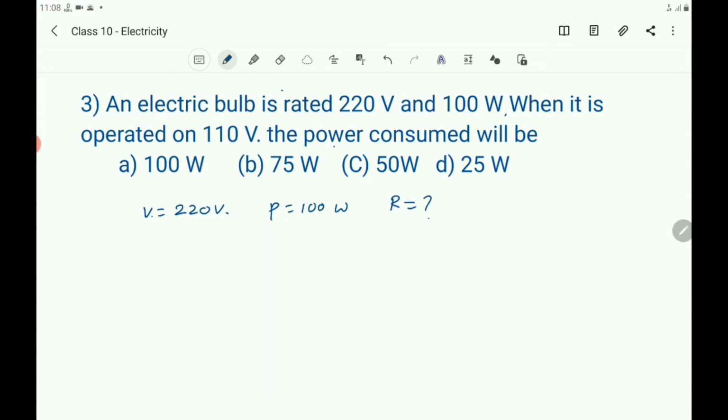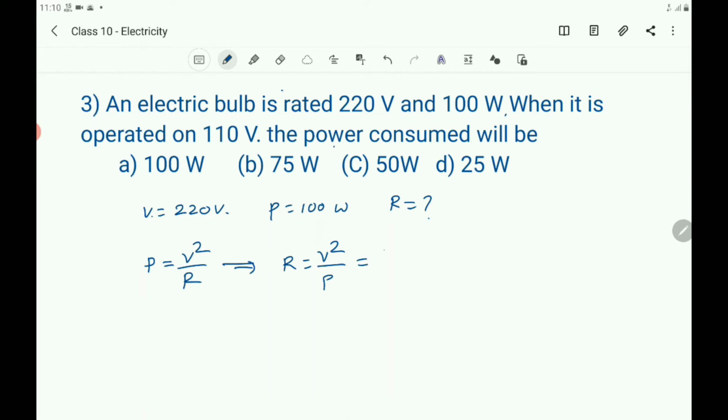You know the relation among P, R and V is P equals V square by R. That implies R equals V square by P.